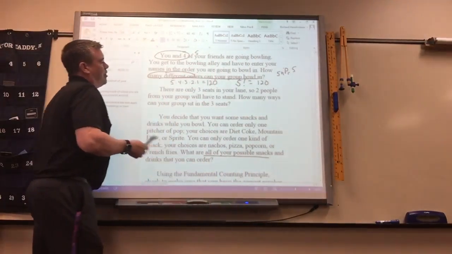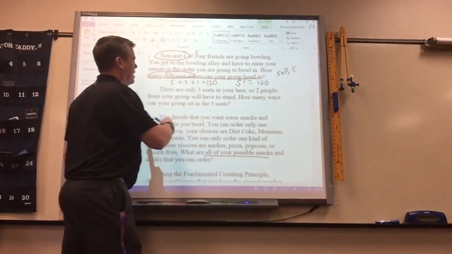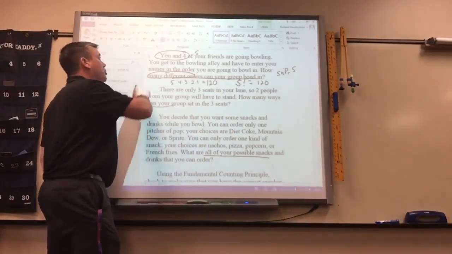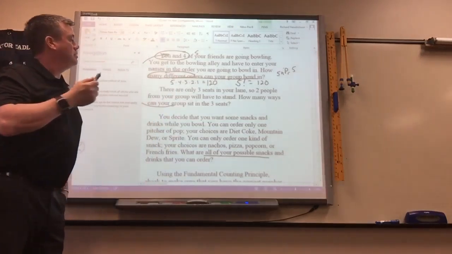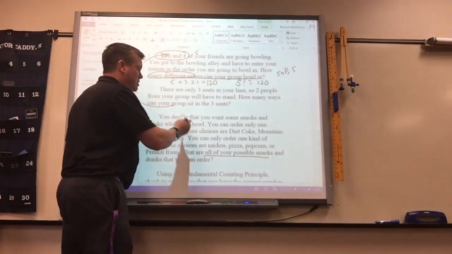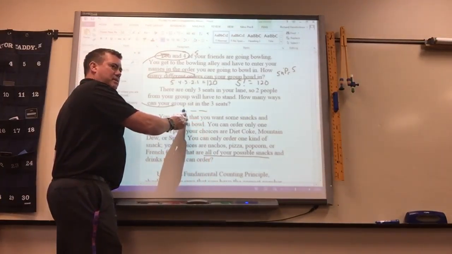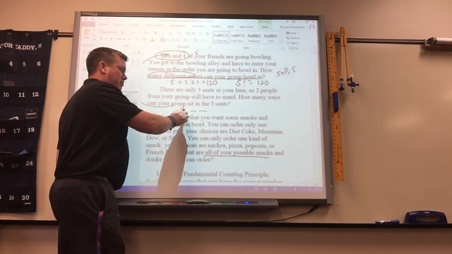Now this one, there are only 3 seats left in your lane, so 2 people will have to stand. How many ways in your group, again it's from this group, can the group sit in the 3 seats? So the 2 ways to do it is there's only 3 seats now. How many would sit in the first spot? 3, 2, 1.